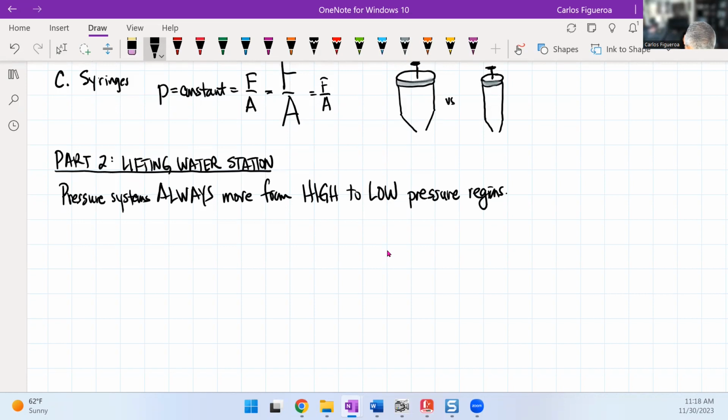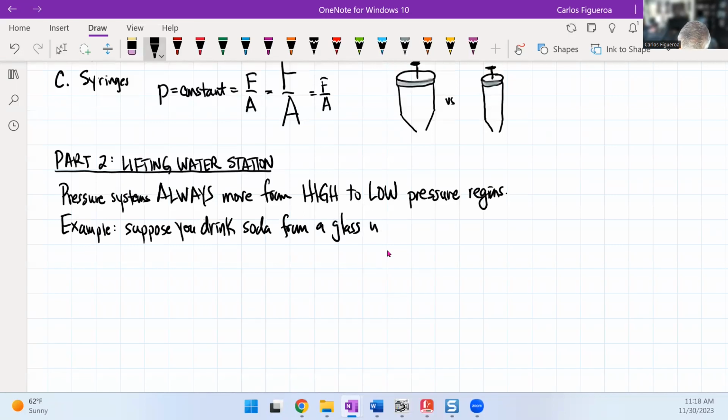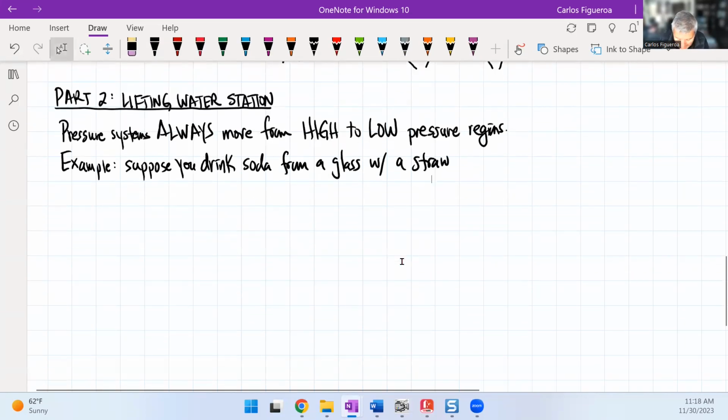And as an example, suppose you drink soda from a glass with a straw. So how does that actually happen?